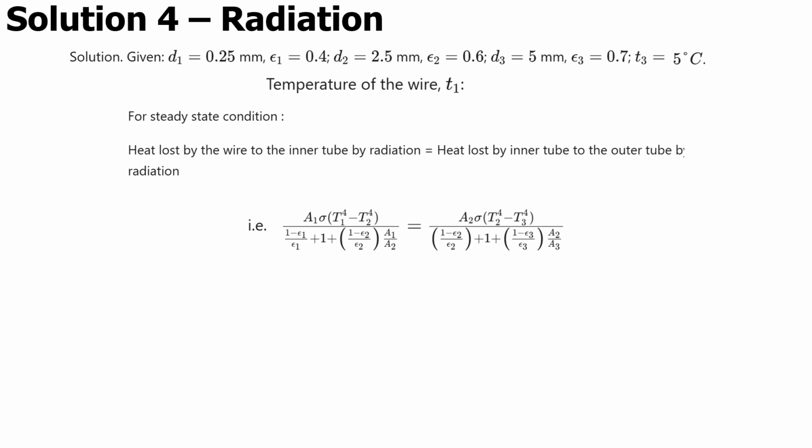So we can also calculate the ratio of the areas for the wire to the inner tube, and also recall that in both cases the view factor F1 to F2 is 1 as the inner surface is completely enclosed by the outer surface. So for the areas, A1 over A2 equals 0.1 and A2 over A3 equals 0.5.